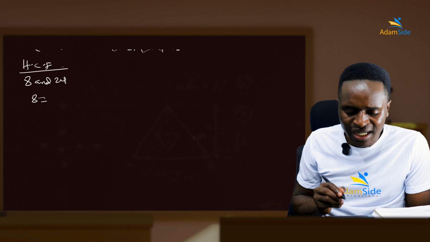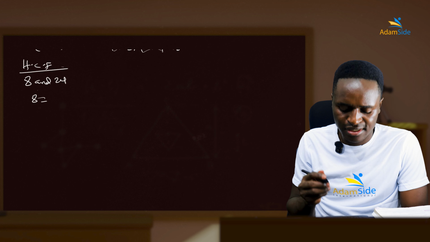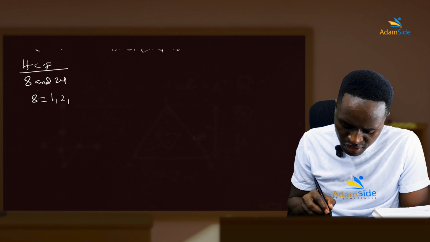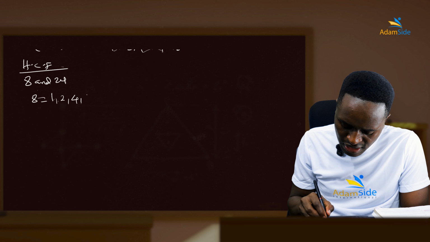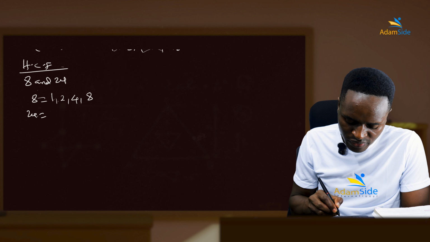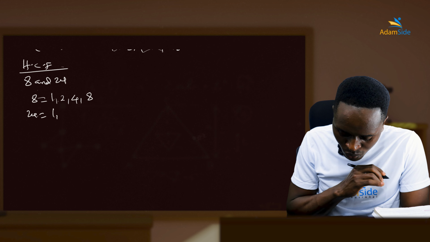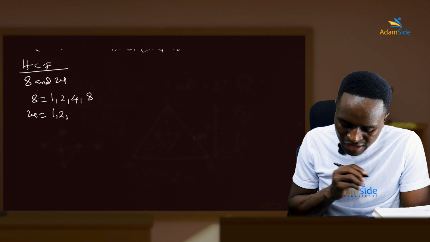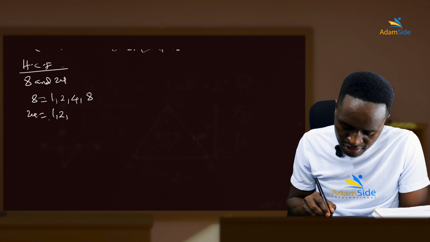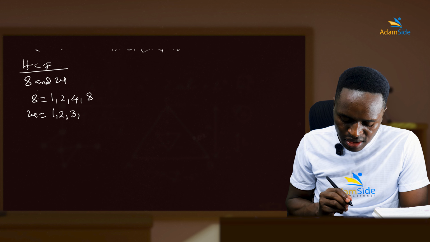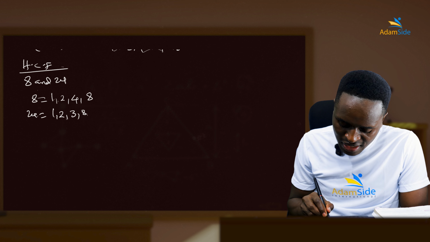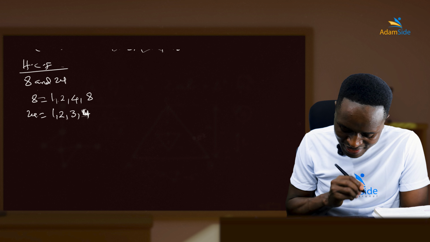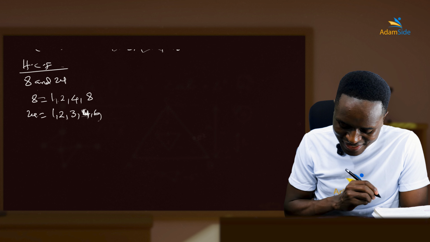A factor is a number that divides 8 completely. We can list: 1 divides 8 completely, 2 divides 8, 4 divides 8, and 8 itself. For 24: 1 divides 24 completely, 2 divides 24 completely, that's 12. Then 3 divides 24, that's 8. 4 divides 24, that's 6. Then 6 divides there.